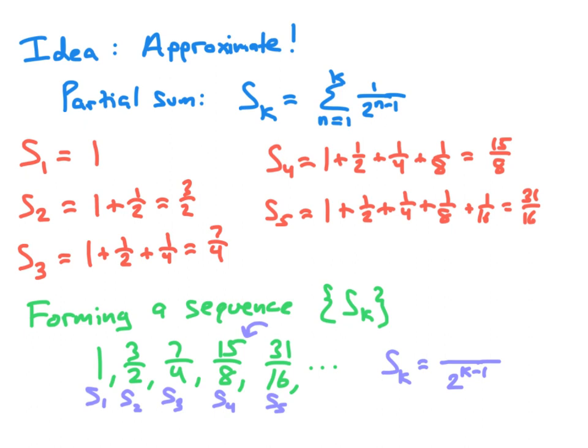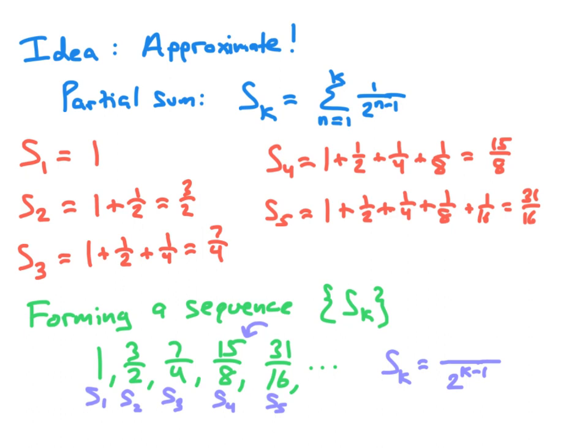In the numerator, we have numbers 1, 3, 7, 15, and 31, and we notice that each of those are 1 less than a power of 2. 1 is 2 minus 1, 3 is 4 minus 1, 7 is 8 minus 1, 15 is 16 minus 1, and 31 is 32 minus 1.